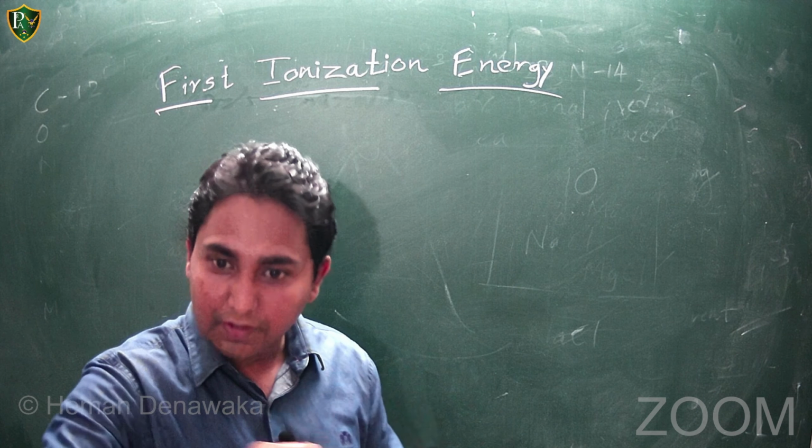When you remove one electron, what happens? The atom becomes an ion, and since it's one, it will be unipositive. Uni means one. It will form a unipositive ion in the gaseous state. Here we are talking about the gaseous state.